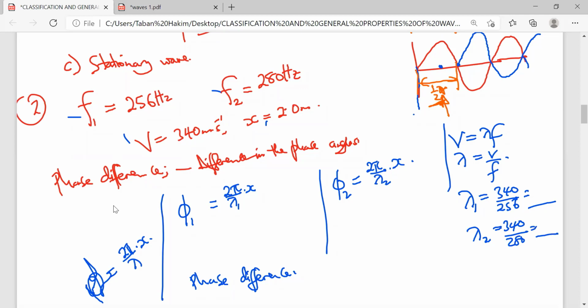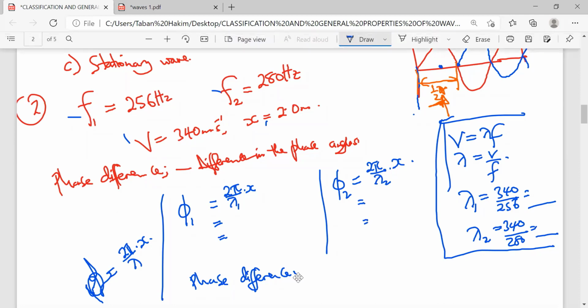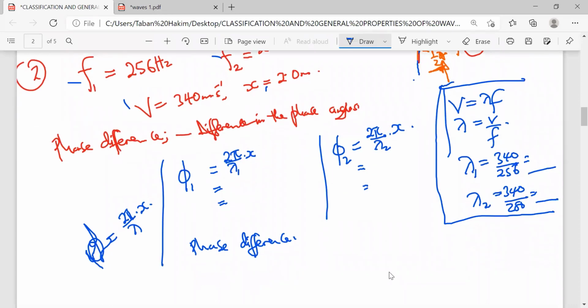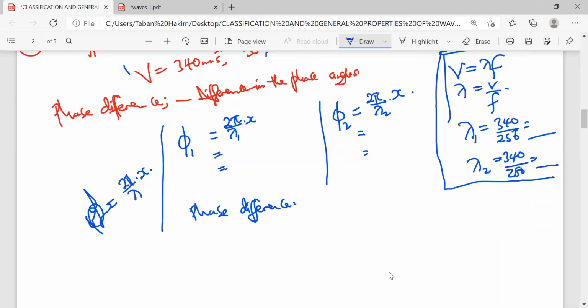Then you substitute these two into our expression here, and afterwards you get the phase difference, which is either phi 2 minus phi 1 or phi 1 minus phi 2, and you get the magnitude.